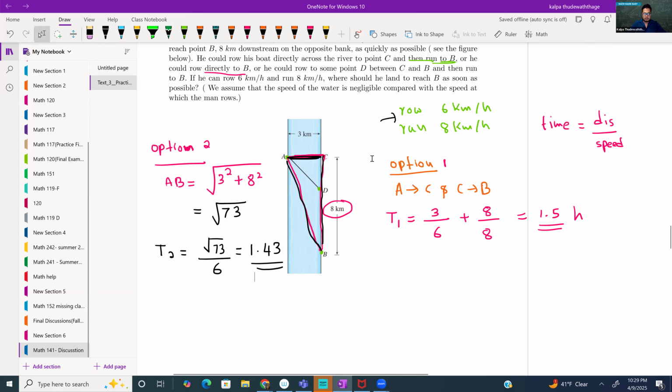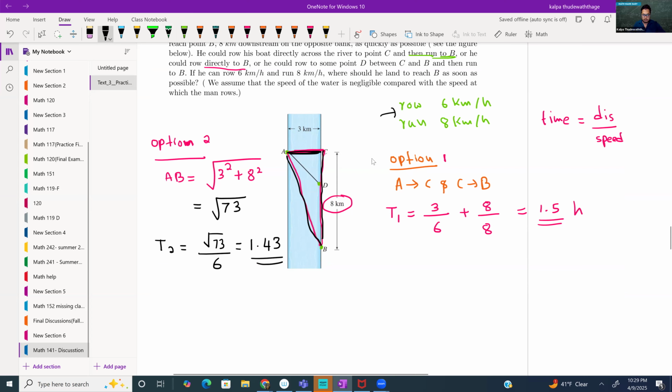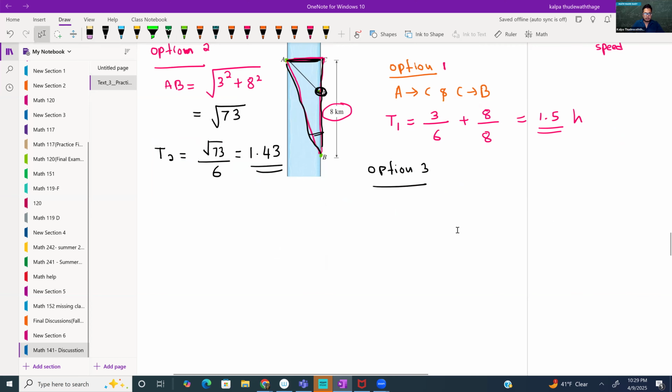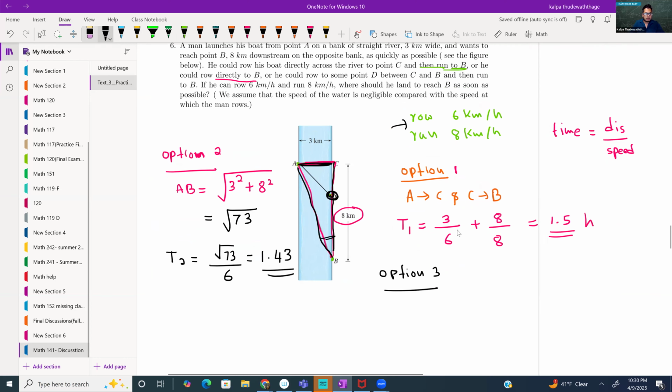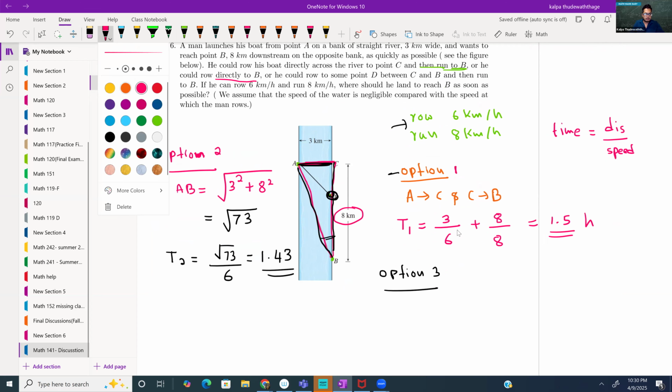And the third option, so I'll draw that option here. Option 3, you can say, he can row a certain distance to somewhere here, D. Can I get a different color? Let me see if I can. Yeah, here you go. Maybe green.